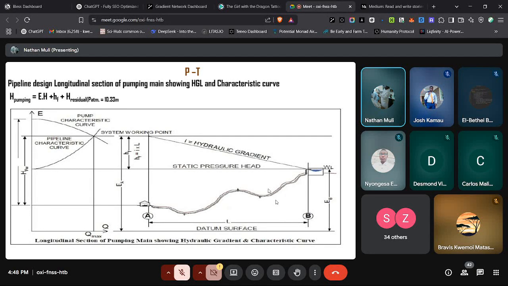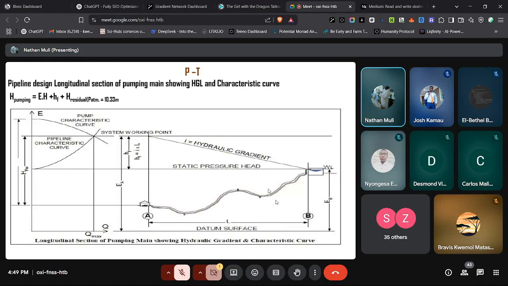Okay. This is the kind of profile you have. Or else you can also plot the characteristic curve of the pipe versus the pump. Sorry to take you back to that.